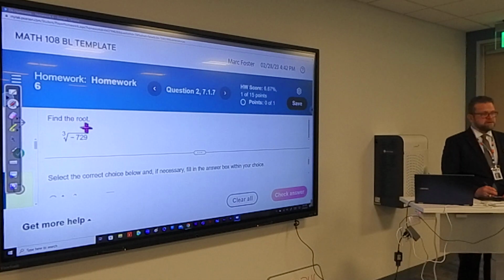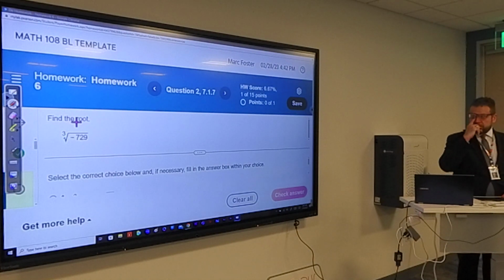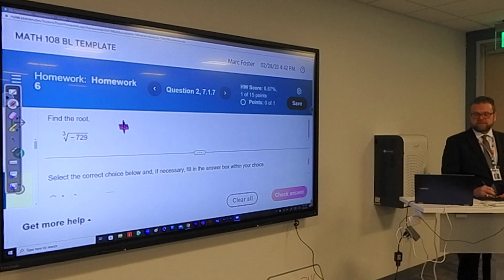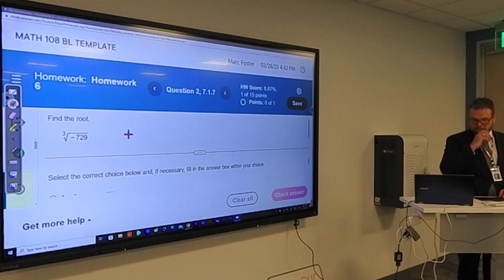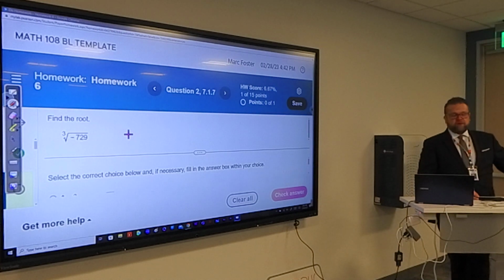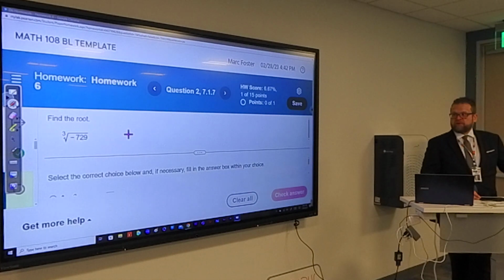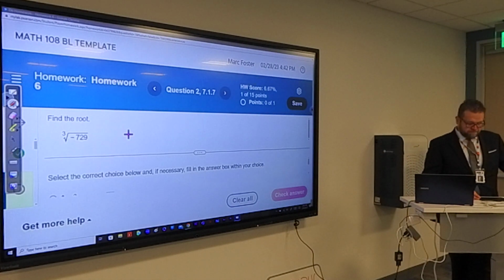Is this going to work out? Yes, the index is odd. So it is okay to have a negative under the radical. Tell me two numbers that 729 is divisible by. A little quicker. 3 and? Nope.